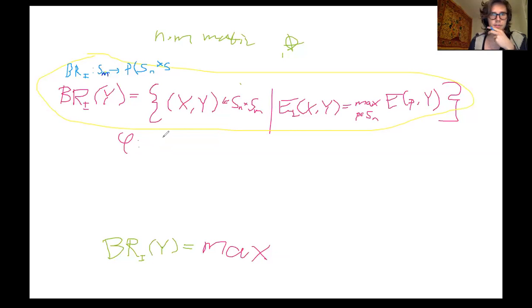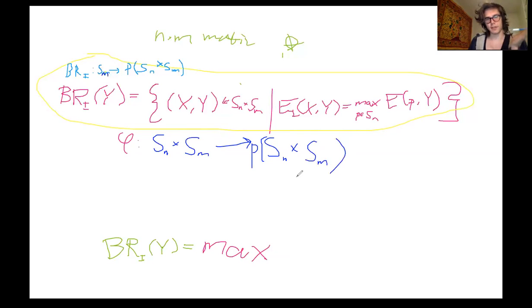And so similarly, function phi is also going to be defined in that way. It's going to take inputs in our strategy space and output a set of strategies.